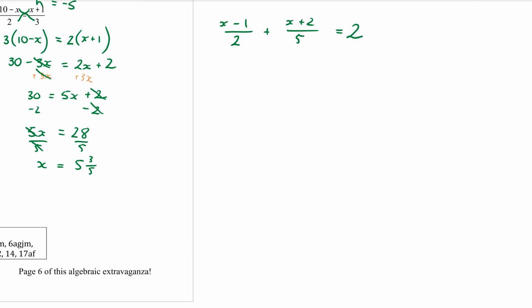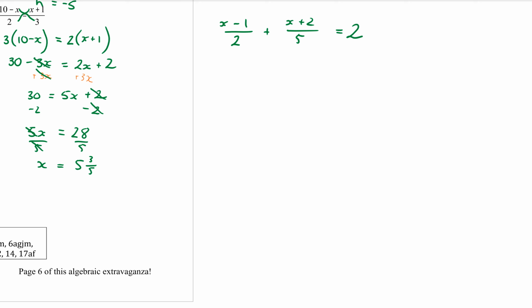So that question has two fractions in it, but they're both on the one side, and there's also another number involved in this equation as well. So I cannot use the cross-multiplying method. That only works if there's one fraction on either side of the equal sign.